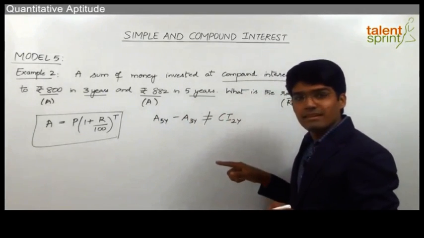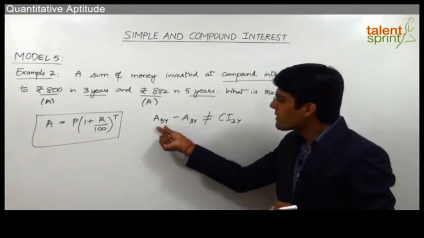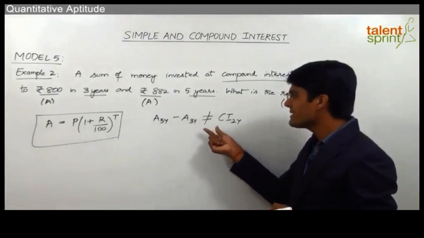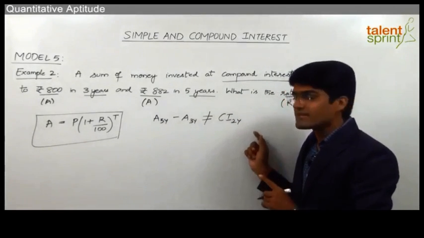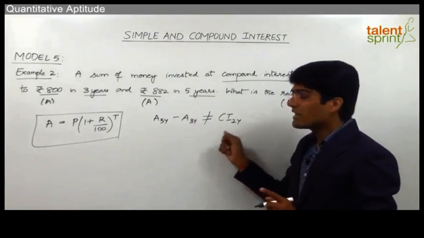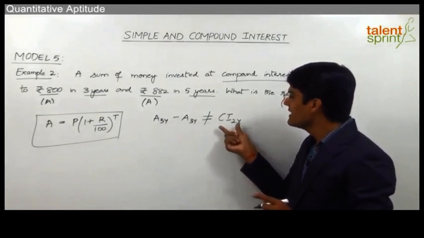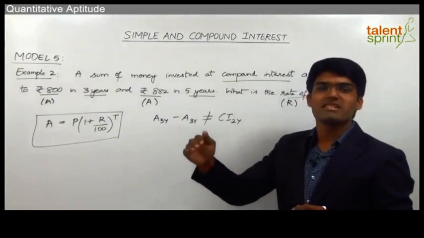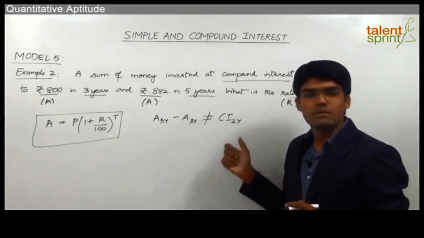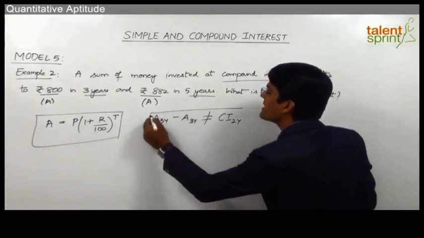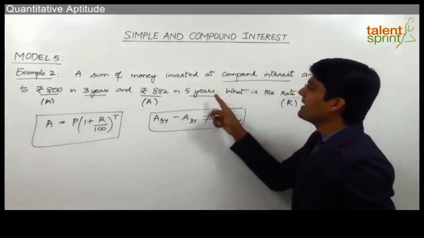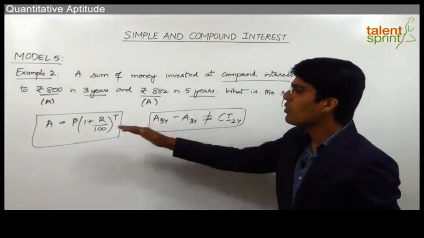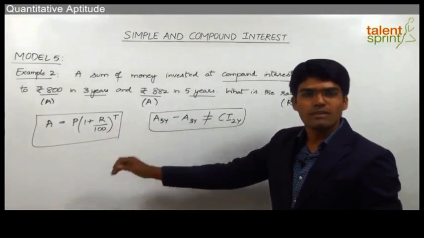As discussed earlier in the previous example, amount for 5 years minus amount for 3 years is equal to simple interest of 2 years. That is 5 minus 3, 2 years. But it cannot be taken as compound interest for 2 years. Why? Because compound interest changes every year. So directly we cannot have an equation. So never try to take it as compound interest of 2 years and then find out the answer. You have to go by the direct formula to solve this question.